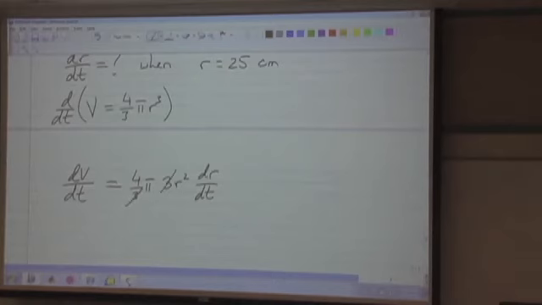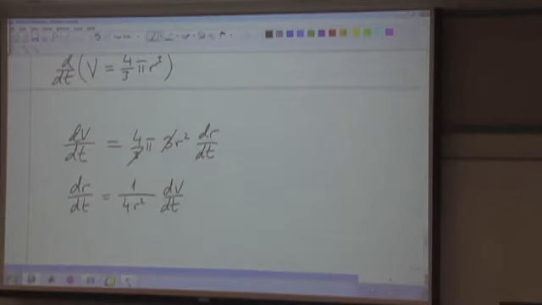So now the 3's cancel out, and I'm left with dr over dt is equal to 1 over 4 pi r squared dV over dt.